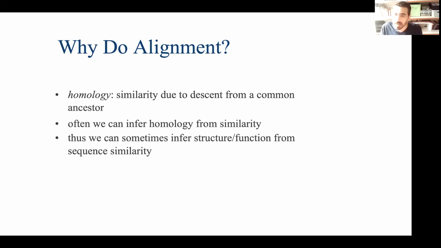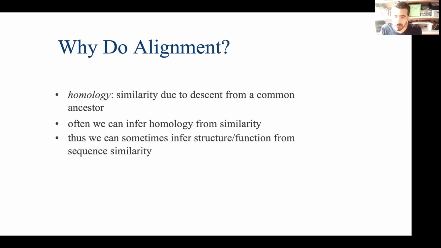And why do we do alignment? First, we would like to infer homology, whether two entities, two genes, two proteins, derive from a common ancestor or not. If we align them and the significance is there, then we say that these two entities are homologous.